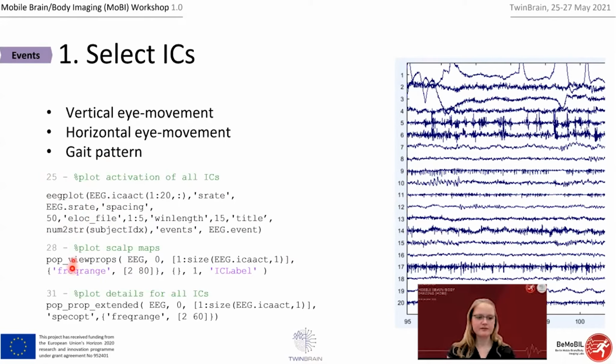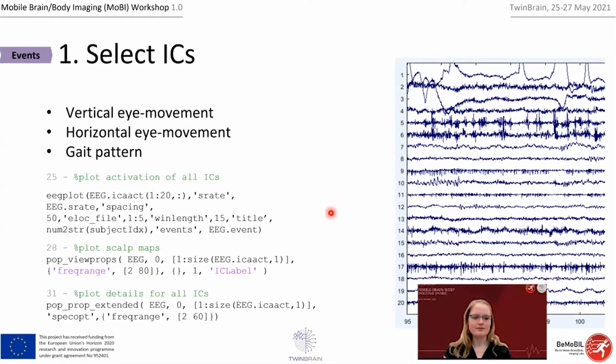And then we have the few props function that we have already used also for the IC interpretation session. This is just to double check if all the properties are aligned with what we want to see, or with the ICs that we want to choose for the event extraction.